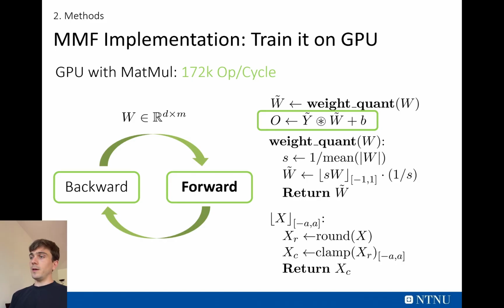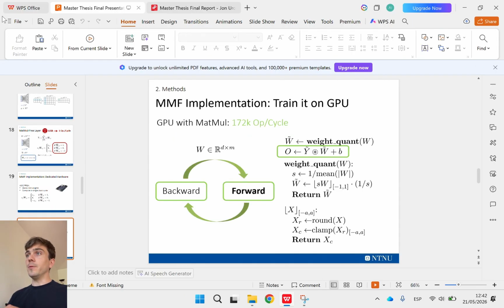Yeah, and by doing this in the forward pass, then in the backward pass you also need to make some modifications, which, well, I can show in the report.